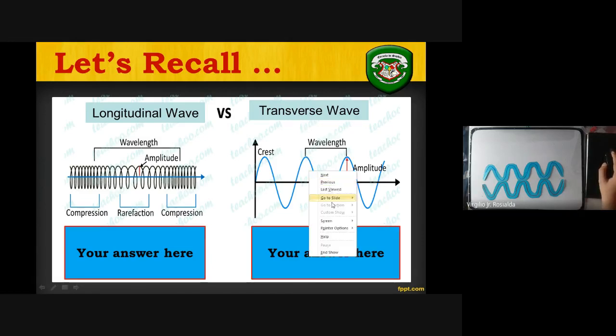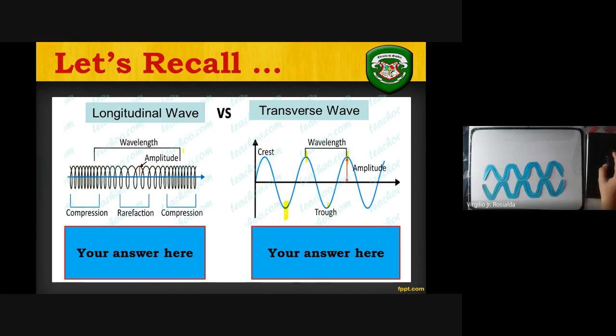So that's how we measure the wavelength of a transverse wave. So two crests or two troughs. This one is the trough and another trough. So that's how we measure the wavelength of the transverse wave.